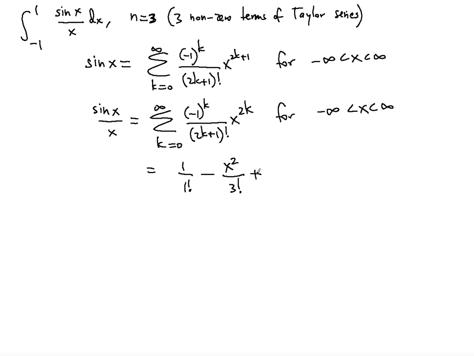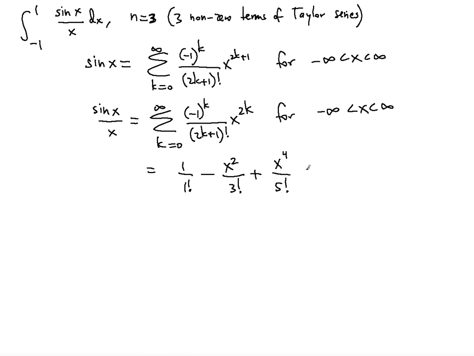And then plus, we keep alternating signs because of that -1, and k increasing dictates the change all the time. Then we would have x to the 4th divided by 5 factorial, because k is equal to 2, so 2 times 2 is 4 plus 1, 5.